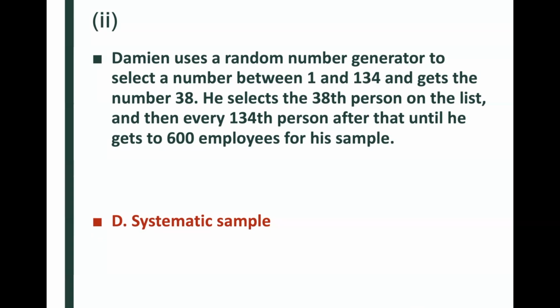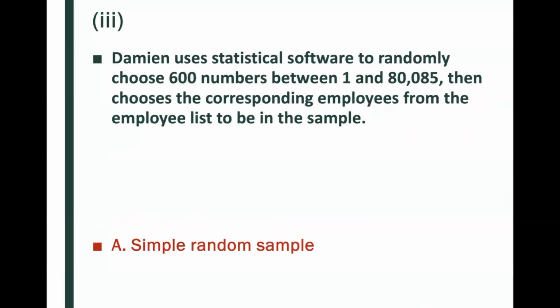So here, the random number he first got was 38. So he selects the 38th person on the list. Then every kth person, in this example the 134th person, after that. So here it's very systematic, so it's a systematic sample.